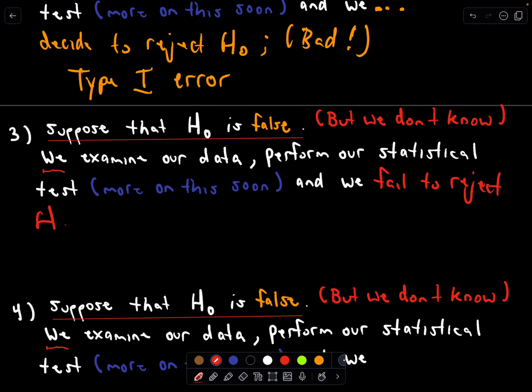Suppose we fail to reject that null hypothesis. The null hypothesis is that there's no difference, but that's not true. So again, what's happened? Well, we've made a bad decision, right?